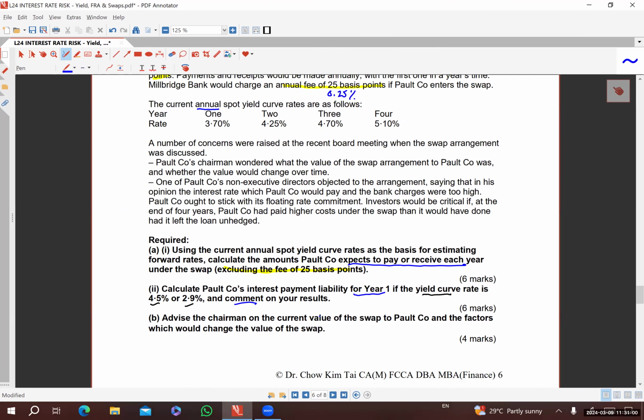Advise the chairman on the current value of the swap to Bob and the factors which could change this swap value in the future. 4 marks.